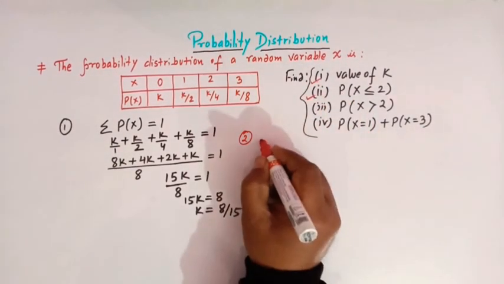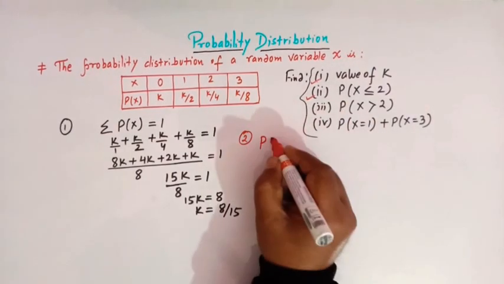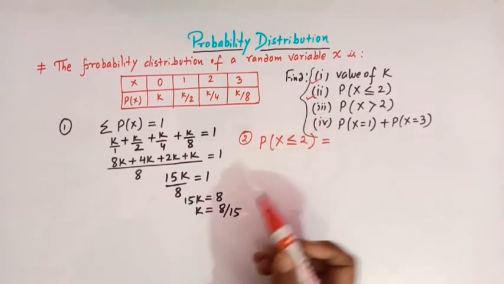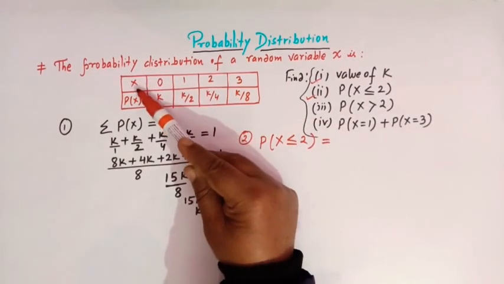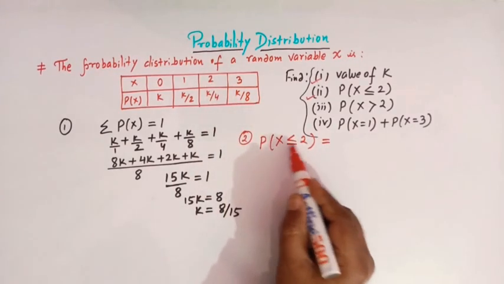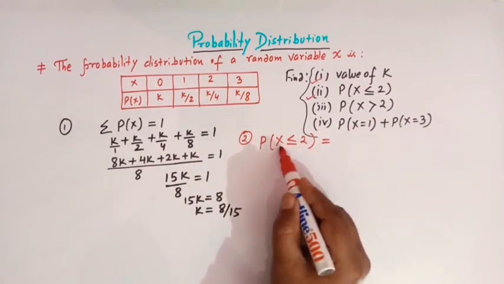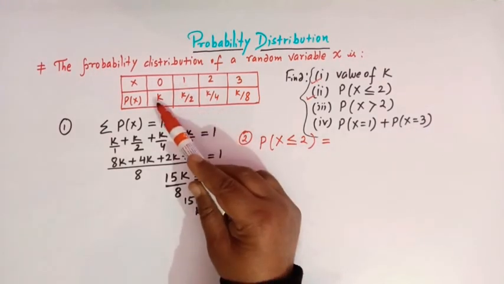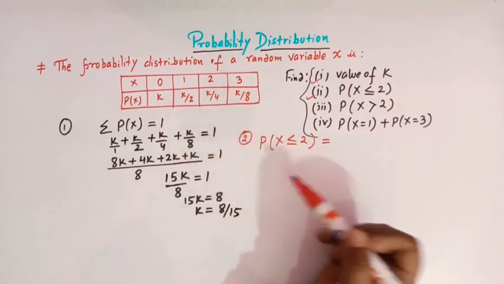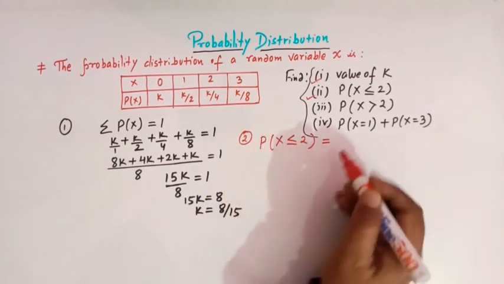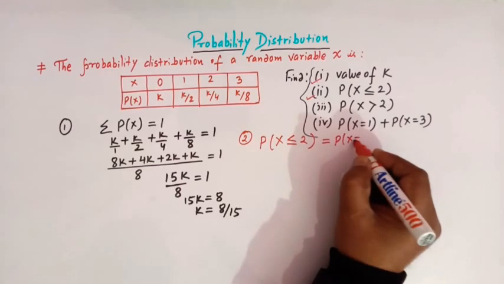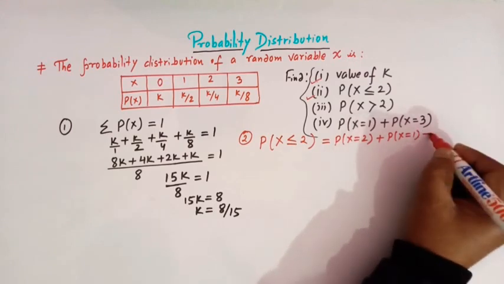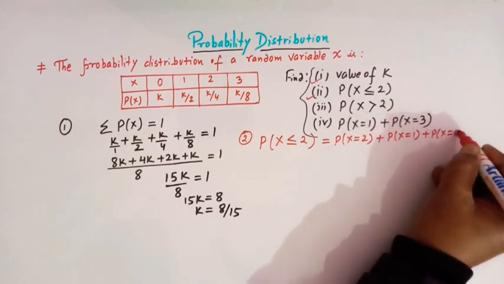Now let us take the second one. So here we have to find p of x less than or equal to 2, right? So here the value of x is 2, and here we have to take x less than 2 or equal to 2. So we have to consider these three probabilities, right? So p of x less than or equal to 2 is p of x is equal to 2 plus p of x is equal to 1 plus p of x is equal to 0.